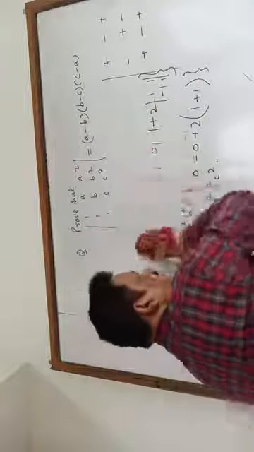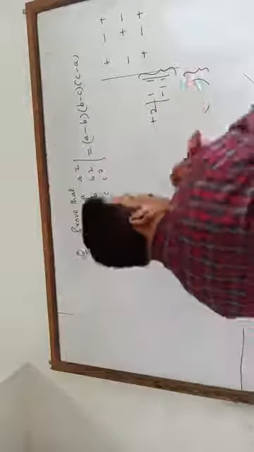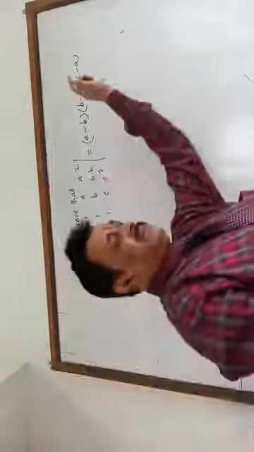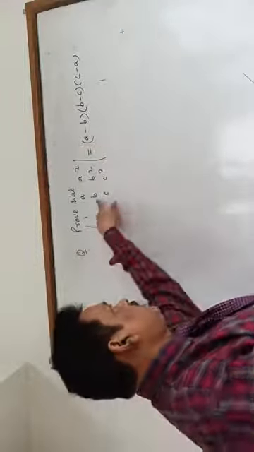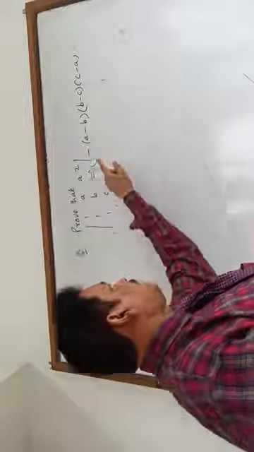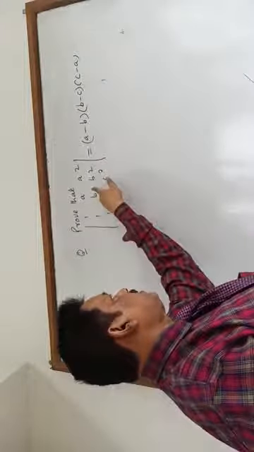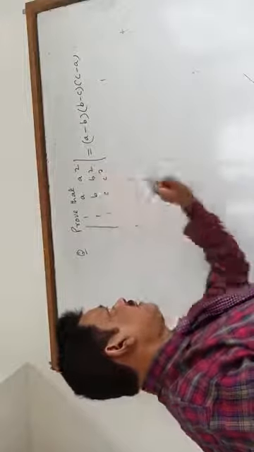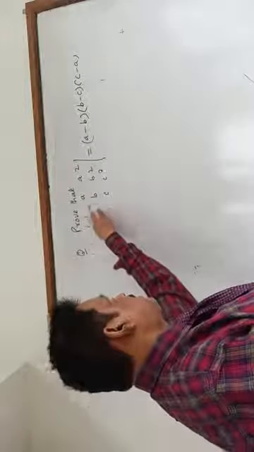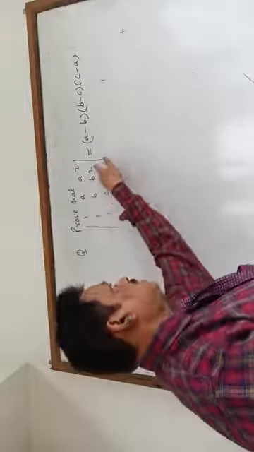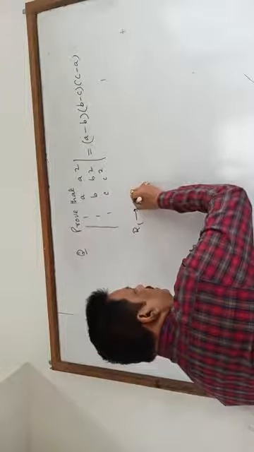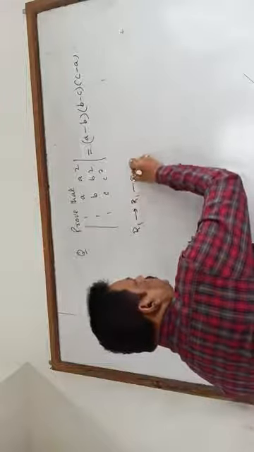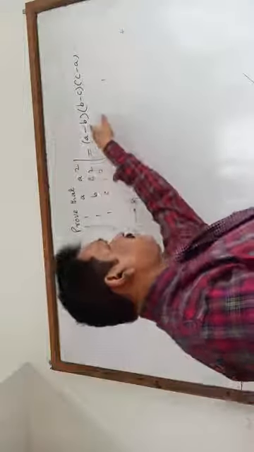Okay, let's see. Look at the right hand side. So what you find? It is a minus b. What I should do here? I should get a minus b. Now I have to subtract this way, means this line minus this line. So I have to write row 1 as row 1 minus row 2, so that I will get a minus b.